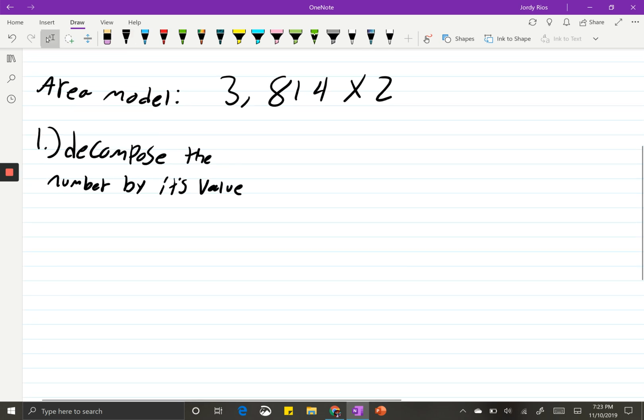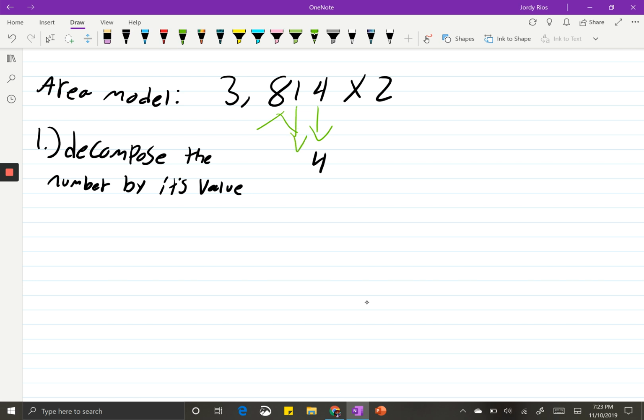So what does that mean, Ms. Rios? Well, remember, each digit in 3,814 has a place value. For an example, this 4 is in the place value of ones, so therefore the value of 4 is just 4.